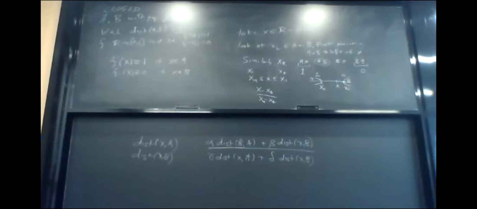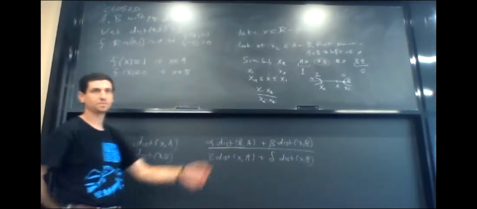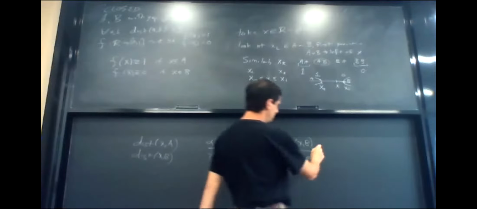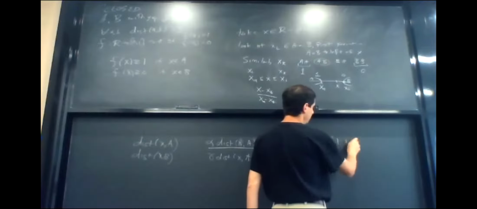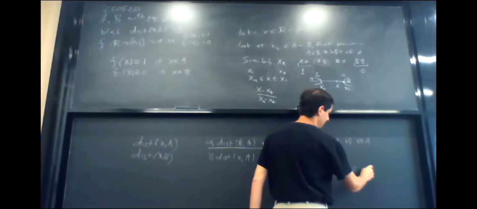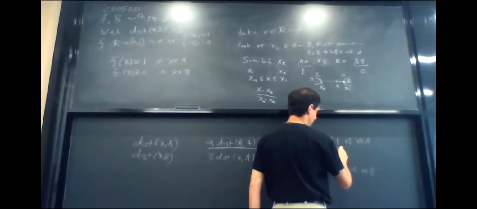Could this be something worth studying? Sure, it kind of feels a little bit like that. Are there good choices of alpha, beta, gamma, delta? And we want this to equal 1 if x is in A, 0 if x is in B, and between 0 and 1 always.